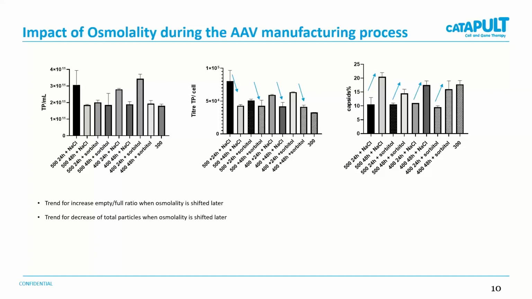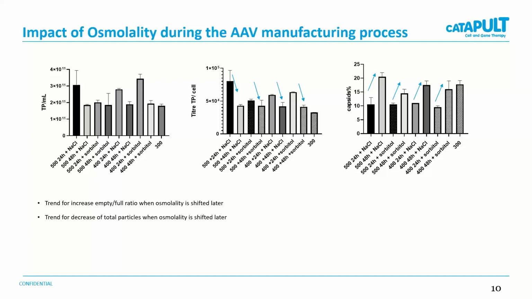On the middle graph, you can see the specific total particle titer. And you can see a trend for a decrease in total particles when we shift osmolality later in the process, so at 48 compared to 24 hours.